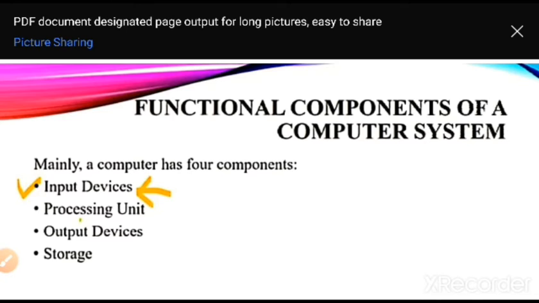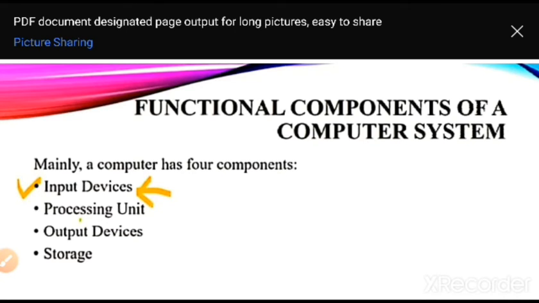It means when you give input into a computer, it will be executed by the ALU and CU.